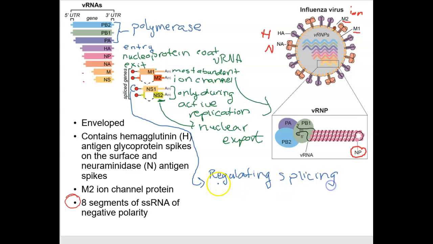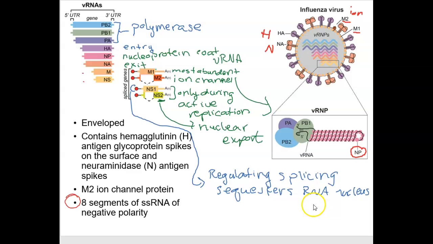It also sequesters RNA in the nucleus. This is going to trap cellular RNAs so the caps can be snatched, and it's going to bind up viral RNAs until they're ready to be exported.